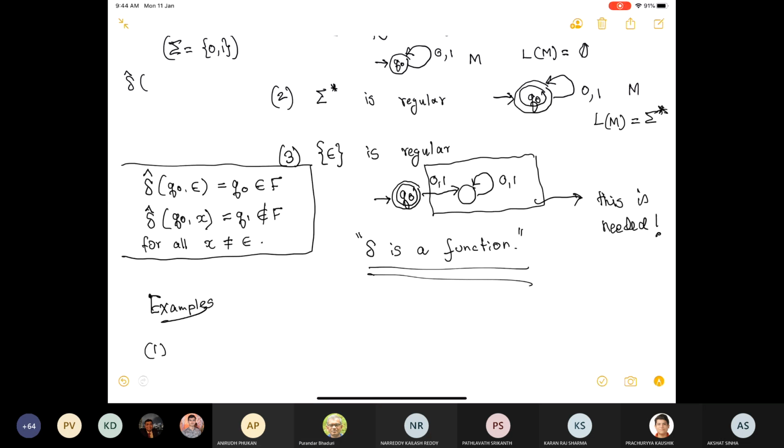Delta hat of Q naught, X is Q naught, which belongs to F, for all X in sigma star. This is for the second example. So for all strings, including epsilon, you land up in Q naught, and Q naught is the only state here.